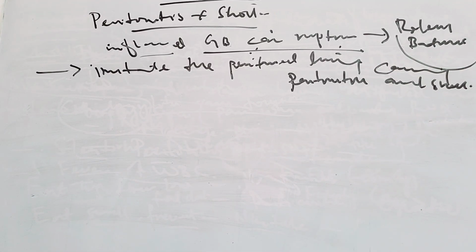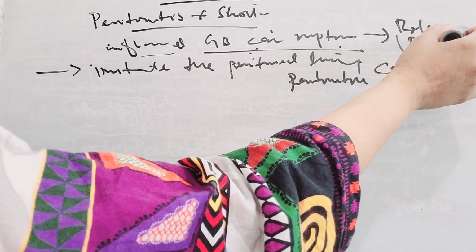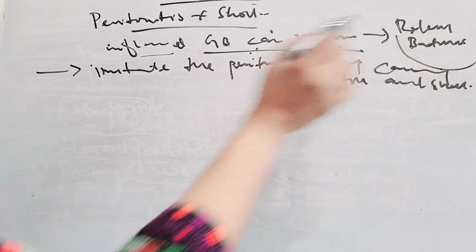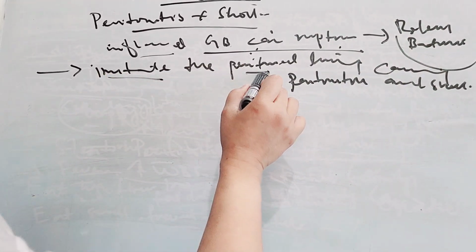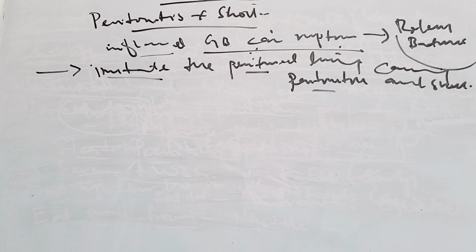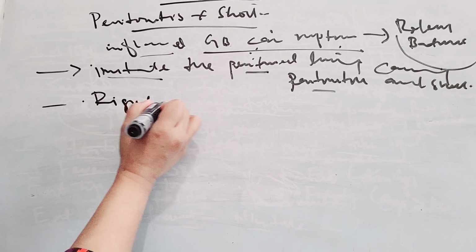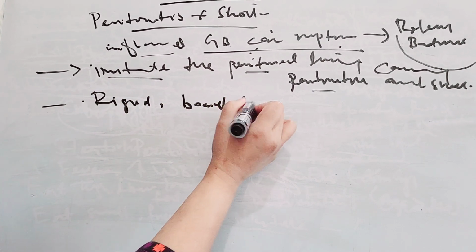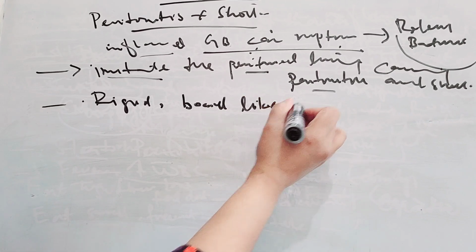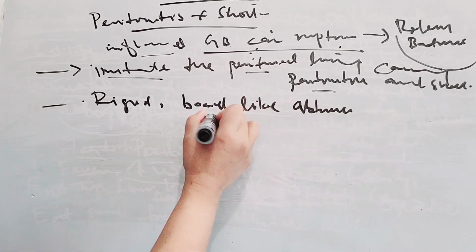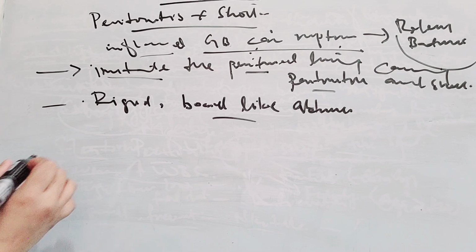So an inflamed gallbladder can rupture. After rupture, it releases bacteria, and these bacteria can irritate the peritoneal lining, causing peritonitis and shock. Now if the patient has peritonitis and shock, how will we monitor? The patient's abdomen will be rigid, board-like, with abdominal guarding.